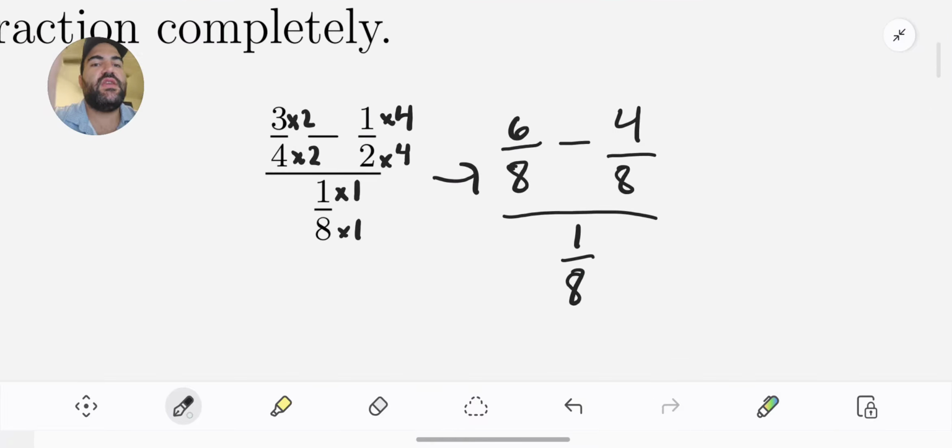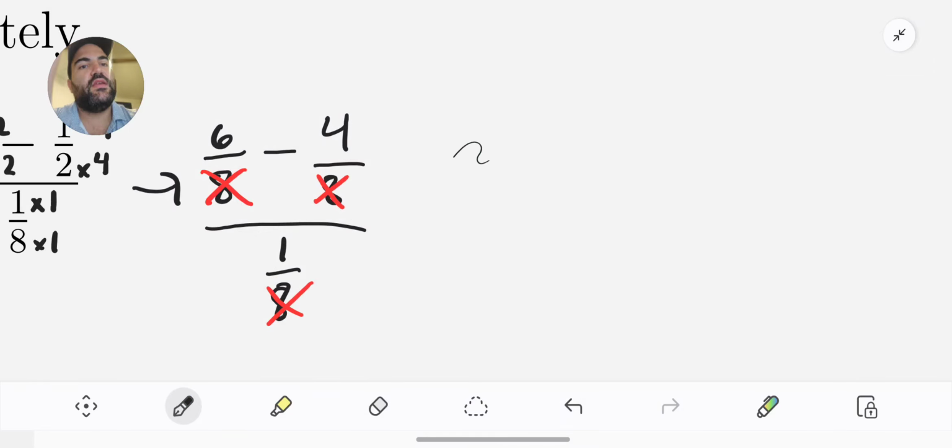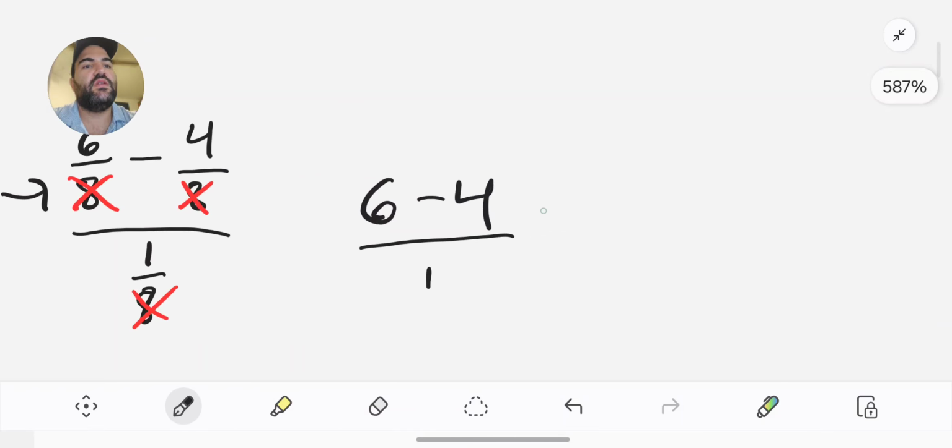And then when you see that, we can basically see that there's an 8 on the bottom everywhere. We can basically just get rid of the bottoms. It's pretty cool. So what we have is 6 minus 4 over 1. So the answer is 2.